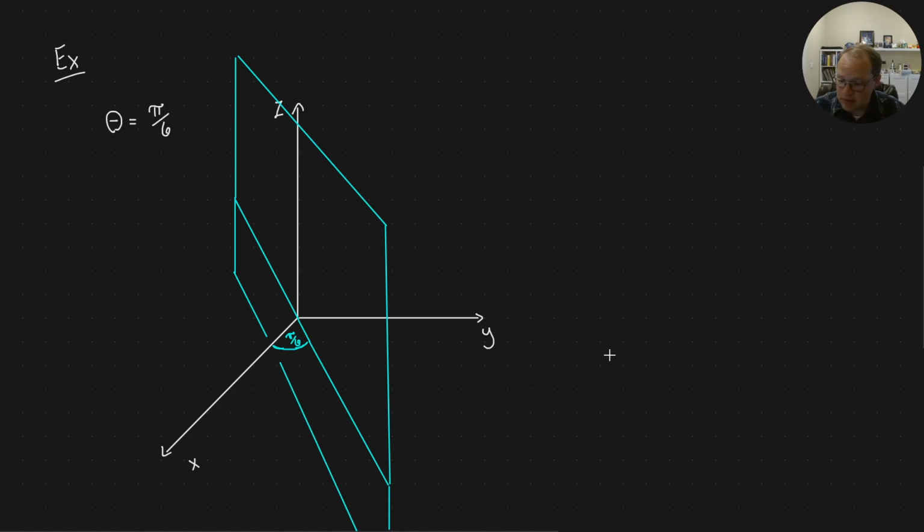Now, I can express this using rectangular variables. Probably want to take tangent of both sides. Tangent of theta equals tangent of pi over 6.